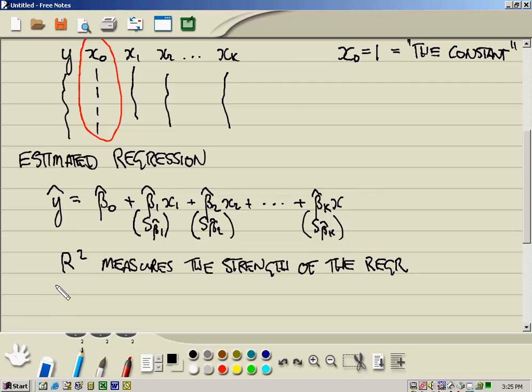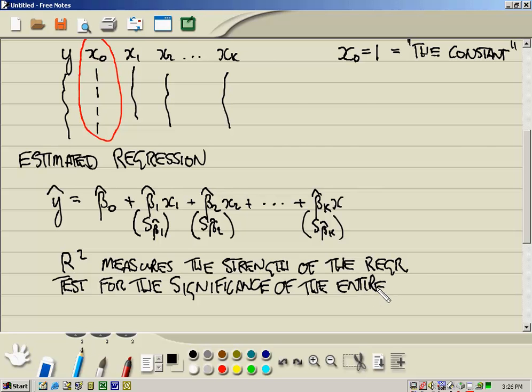And we'll also need to do a test for the significance of the entire equation or the entire regression. That is, not just each individual x.